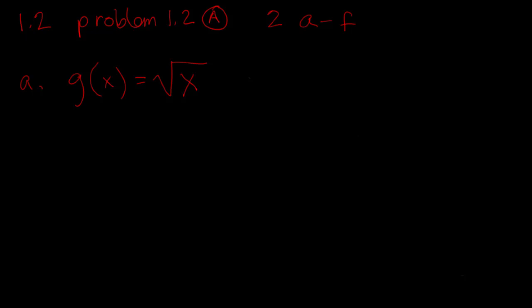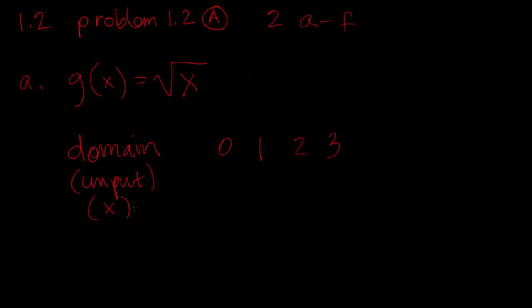So domain refers to your input variable, which refers to x. What values can you put here in the domain? Well, maybe the question is, what values of x can you not put? We know that 0 is okay in there. We know that positive numbers are okay. But what about negative numbers?